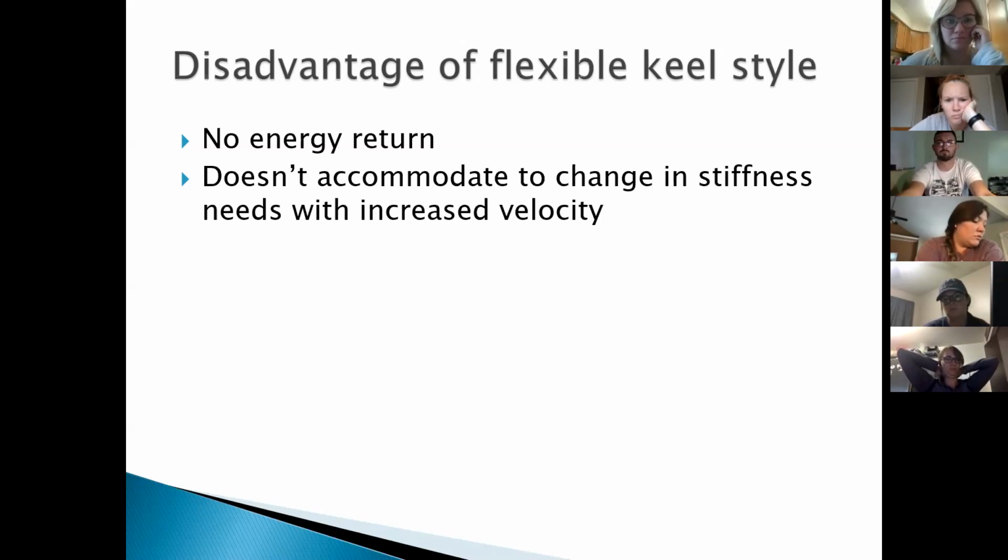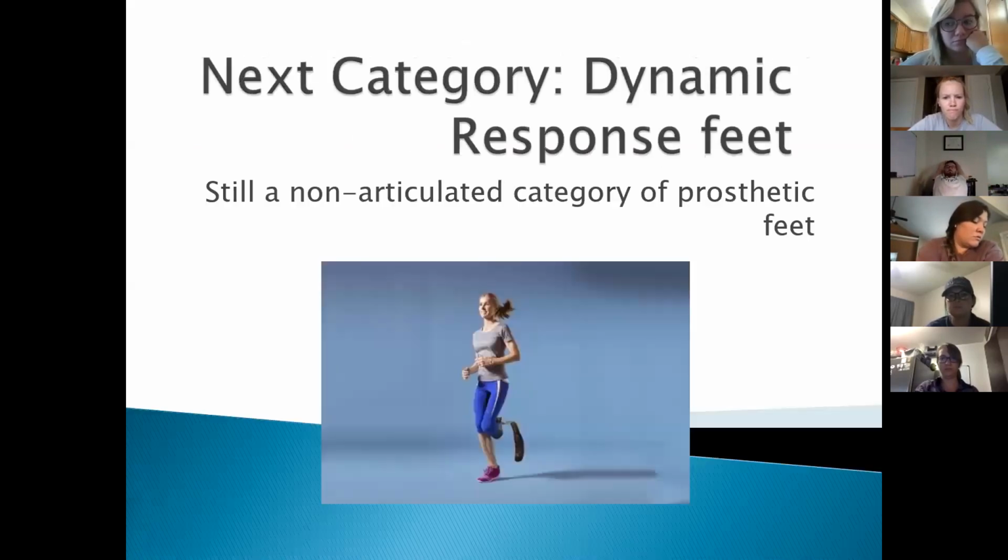And this type of keel doesn't accommodate to people going faster. And so that's what this means, doesn't accommodate to the change in stiffness that we need with increased velocity. There are some mechanisms to do that though, so we're going to talk about that over the next hour or so.